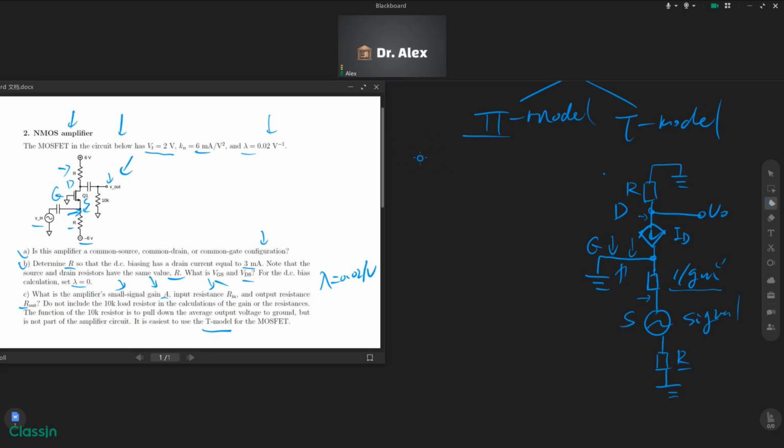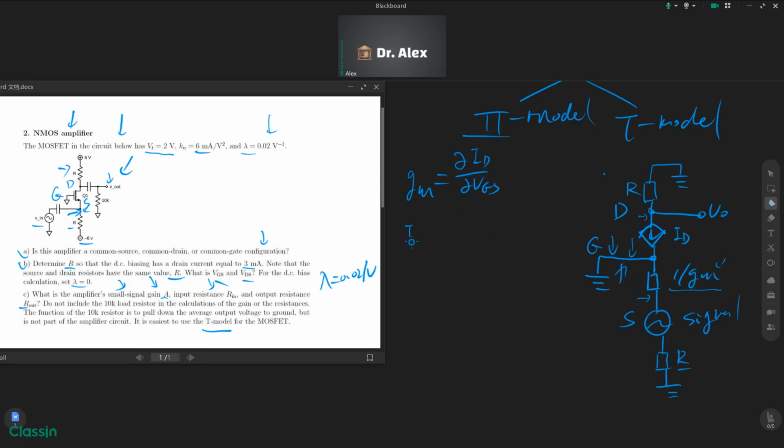Next, we will calculate gm, which is the transconductance. It is ID partially differentiated by VGS.